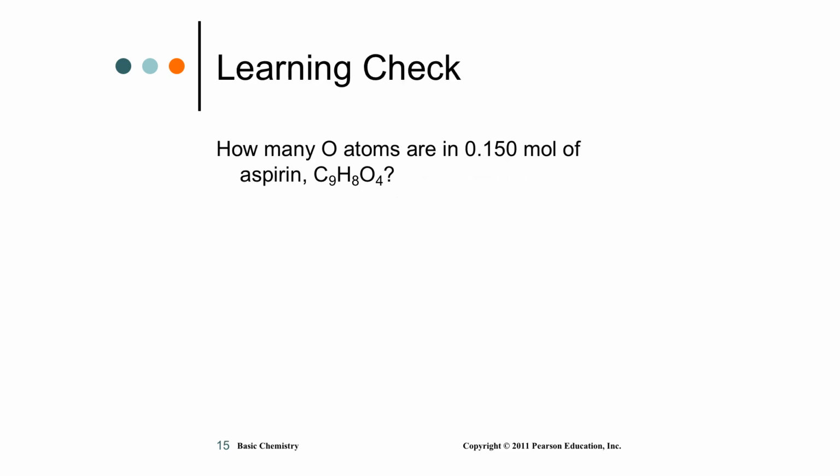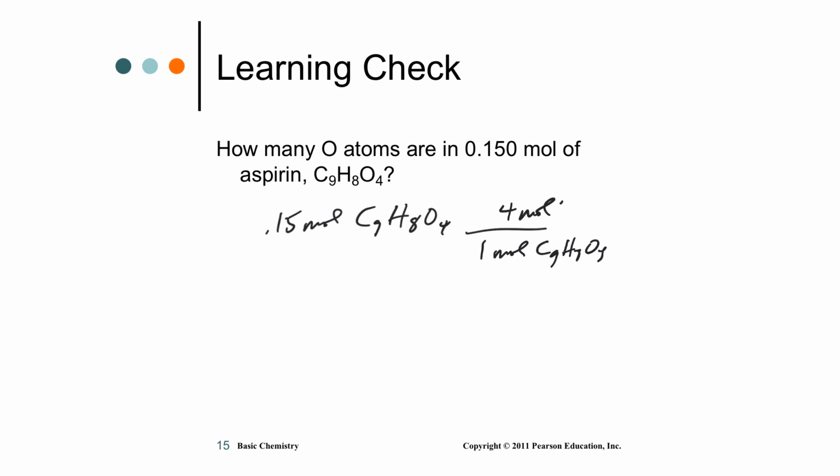Last one, how many oxygen atoms are in 0.15 moles of aspirin? Okay, well, I'm given 0.15 moles of C9H8O4, and I know that in 1 mole of C9H8O4, I've got 4 moles of oxygen.